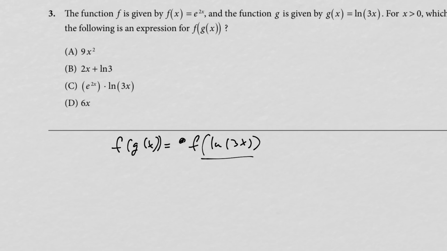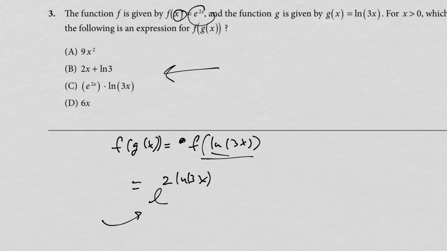And then f of x is e to the 2 times whatever's in the parentheses, which in this case is ln 3x. Now, this one's actually a little confusing, because this is the answer, but as you can see, it's not one of the answer choices.